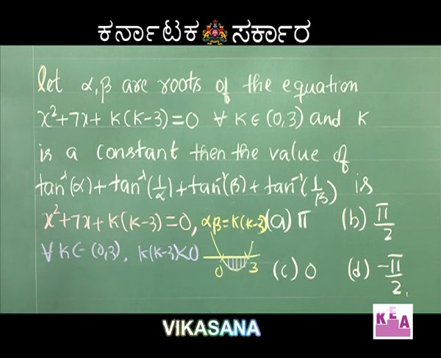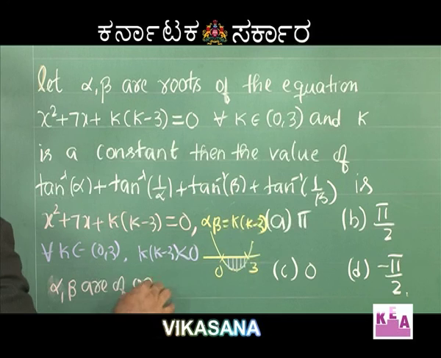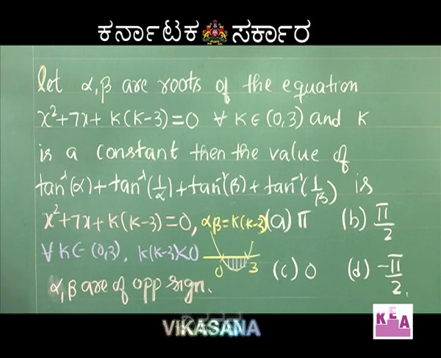Therefore, dear students, you can observe here, of course, before that I should write a word: alpha, beta are of opposite sign. Very, very important logic. Alpha, beta are of opposite sign. Now we will talk. Observe carefully, dear students.